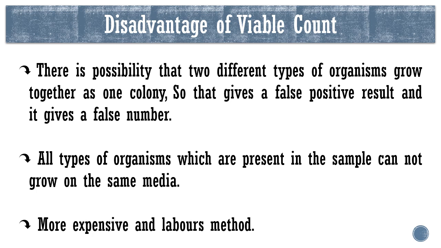As we also know, some organisms are anaerobic, so we cannot grow aerobic and anaerobic organisms on the same media, so that is also a major problem while using this viable count method. Compared to viable count, microscopic count is more accurate because of these different reasons.